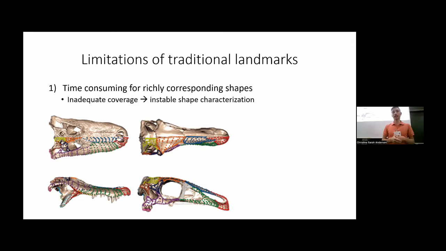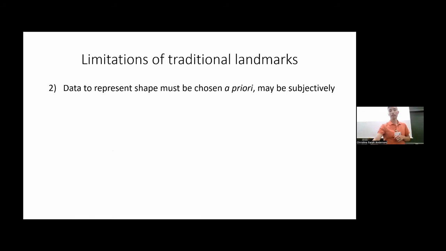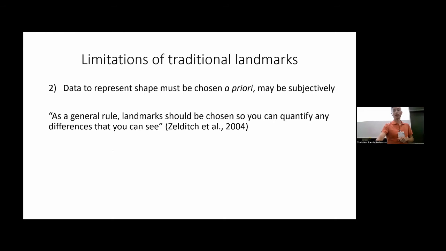One of the classic problems is that if we have inadequate coverage, we're going to have an unstable characterization of shape, and there are some neat demonstrations of this by Aki Watanabe a few years ago. The other thing is that the data to represent shape have to be chosen a priori, at least a couple of features if we're going to use semi-landmarks.